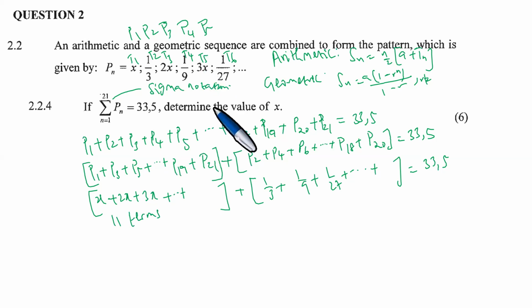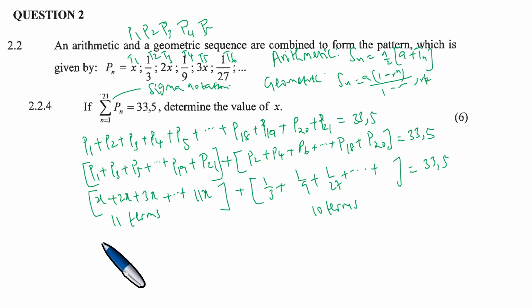So if you have this one up to 11x, you're going to check that. How many terms are going to be here? There are going to be 10 terms here. You need to know the number of the terms here, they're 10.